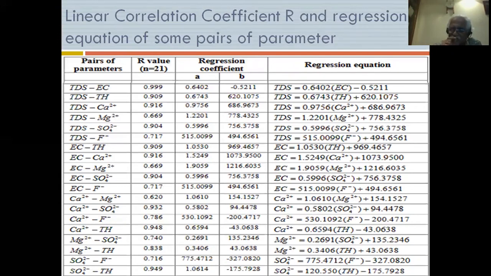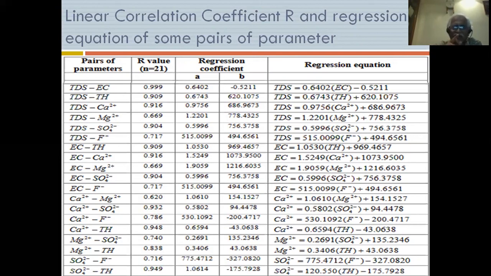So some TDS is there when EC is 0. EC is X, Y equal to MX, Y equal to TDS. So the EC value is X, and this is when the dissolved solid was not there.